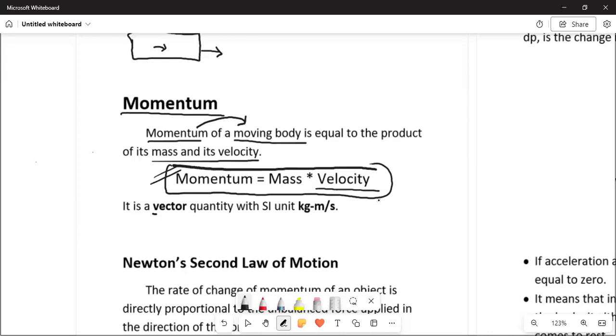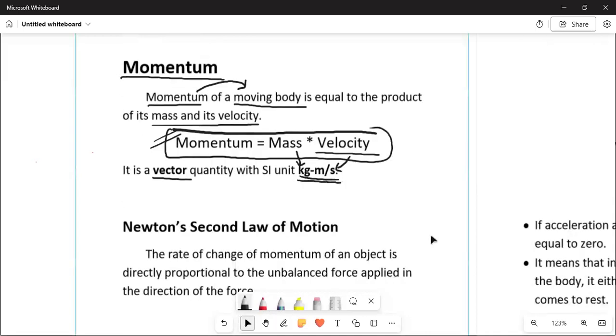Momentum will also be a vector quantity, and its SI unit is kg meters per second. The kg comes from mass and meters per second comes from the velocity, because of which we get the SI unit of momentum as kg meters per second.